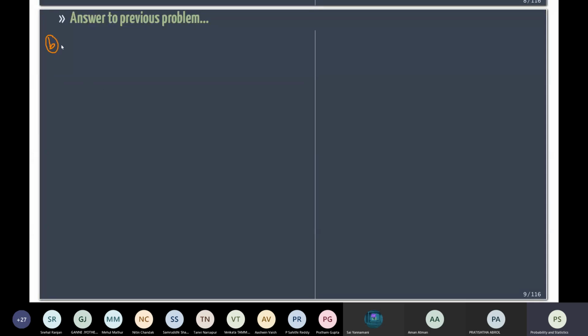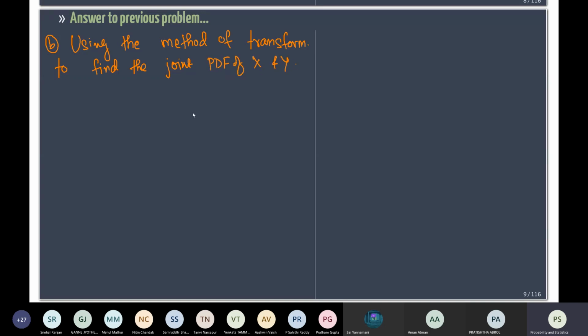So for part B, using the method of transformation to find the joint PDF of X and Y, first we need to find the inverse.